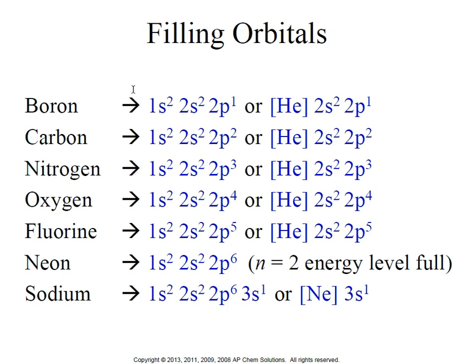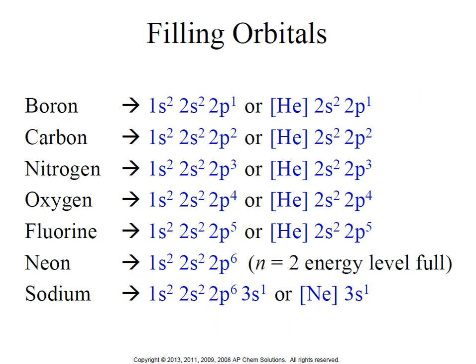That can be written as neon, which is your nearest previous noble gas, followed by 3s1. Notice that neon is 1s2, 2s2, 2p6, so all we're doing is taking neon and replacing all of that when we do the shorthand.